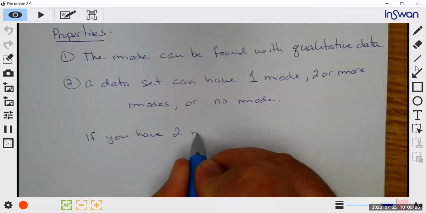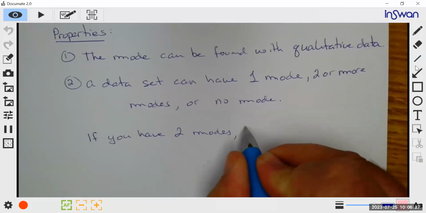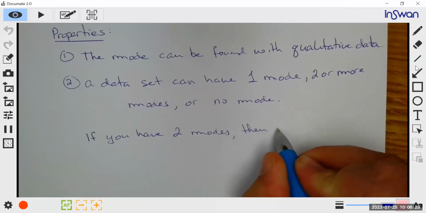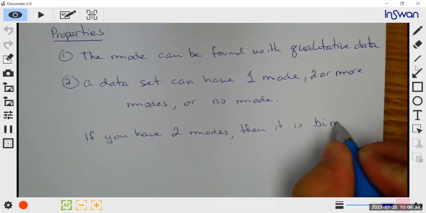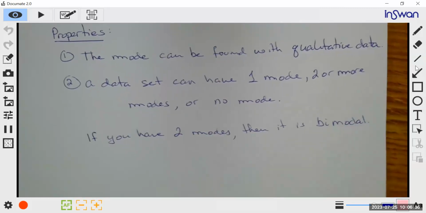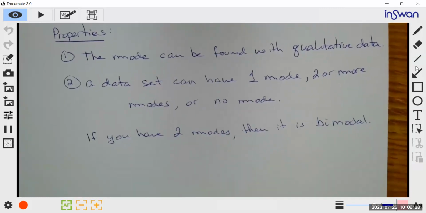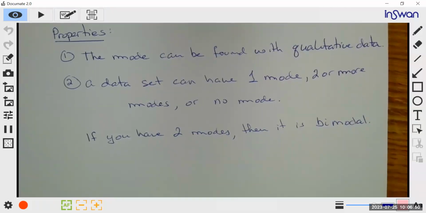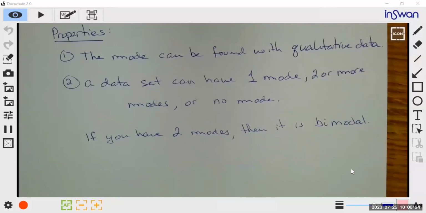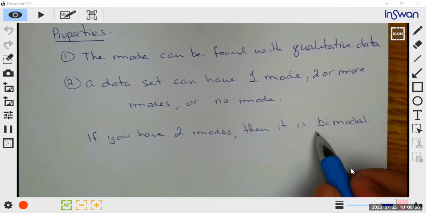If you have 2 modes, then it is bimodal. What does bi mean?